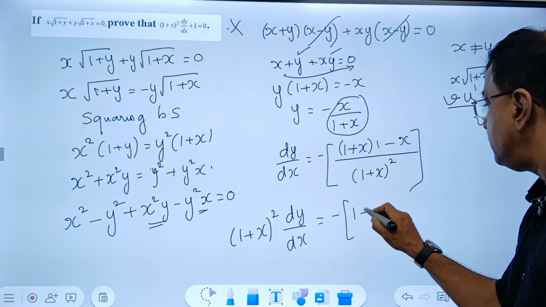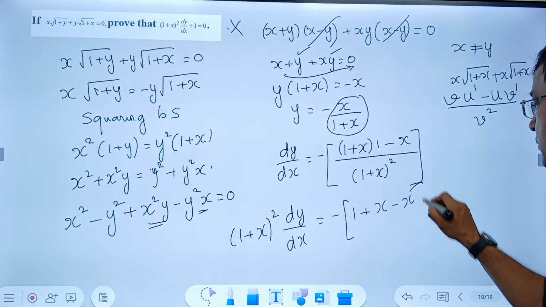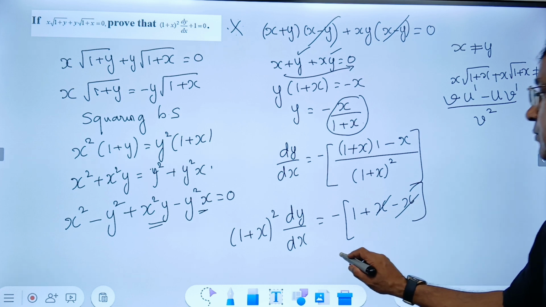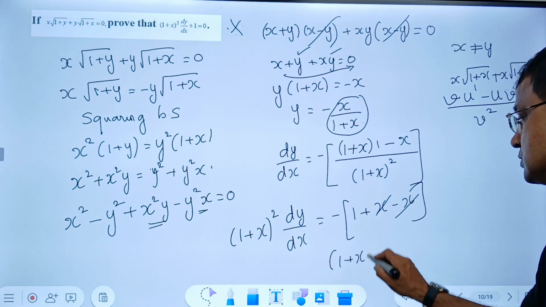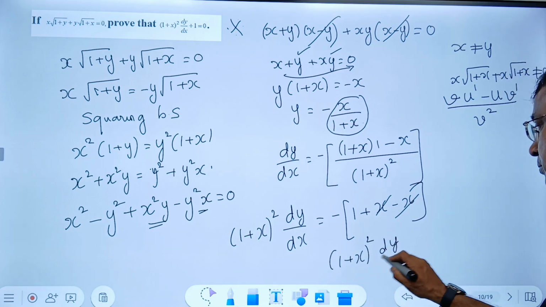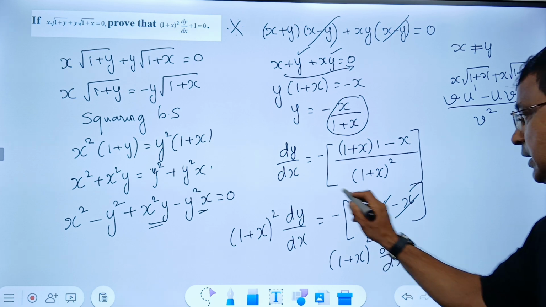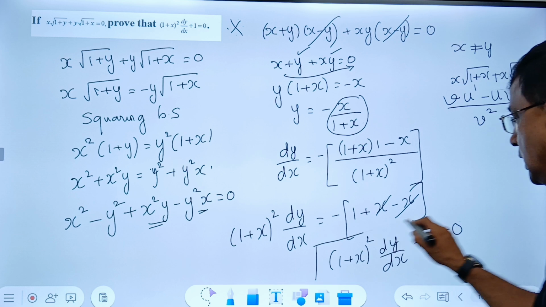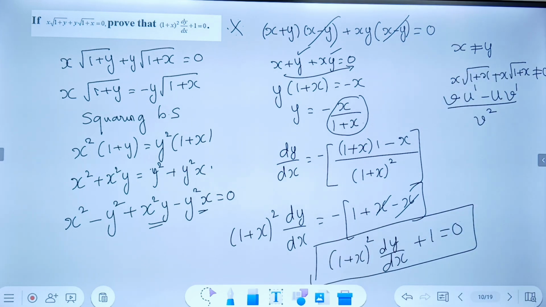You get 1 plus x minus x. x gets cancelled. So I get minus 1. So what is this? 1 plus x the whole square. dy by dx. When I bring the minus sign that side, minus 1 will become plus 1 equal to 0. This is what I was asked to prove.